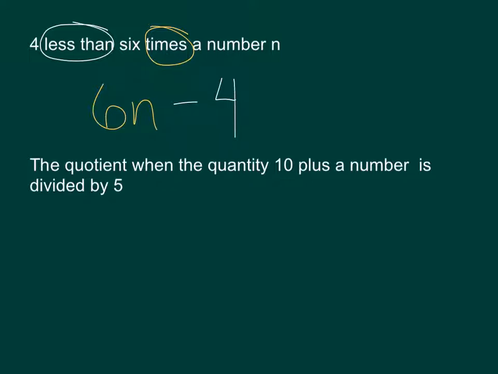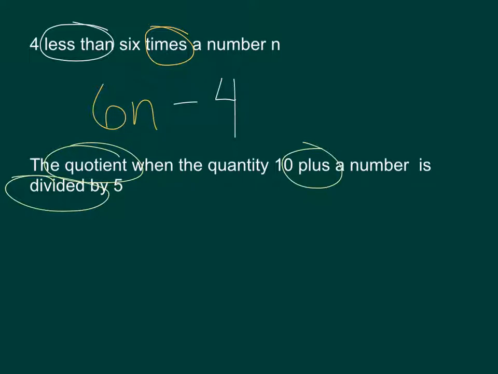In the second example on this page, we have the word quotient and plus and divided by. So we have some important words here. We actually have 3 words, but there are only 2 mathematical operations. The quotient of the quantity 10 plus a number.